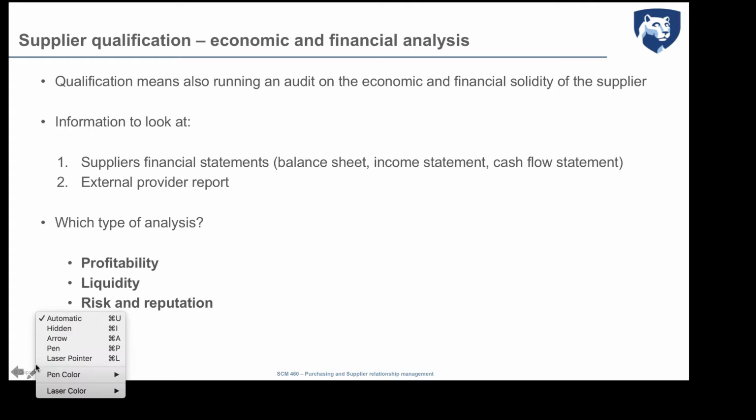But again, generally speaking, these are the three aspects you are interested in when you run an economic, financial, and reputation audit: profitability analysis, liquidity analysis, and risk and reputation.